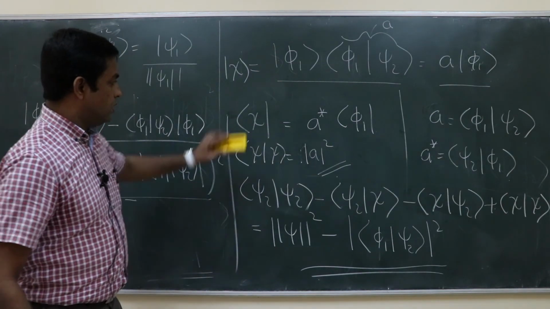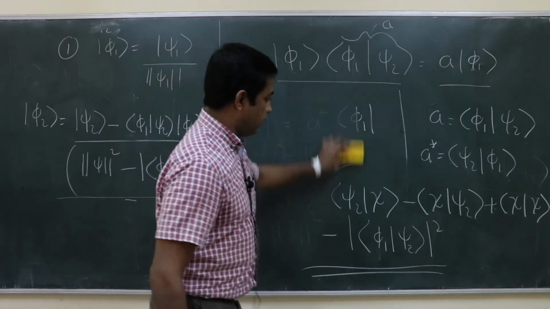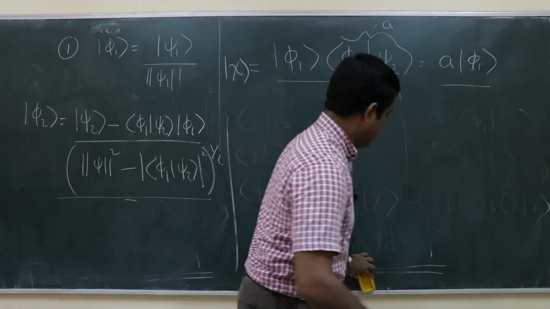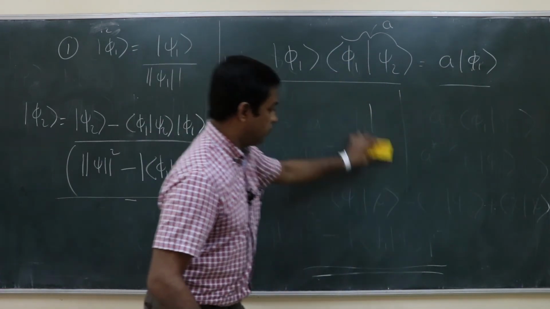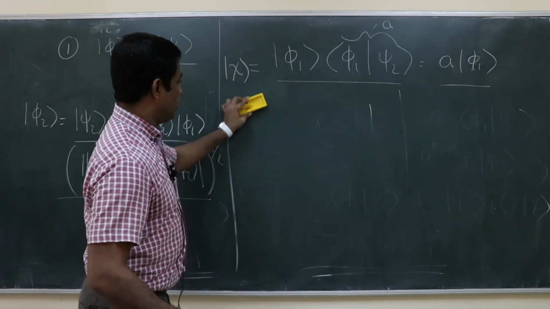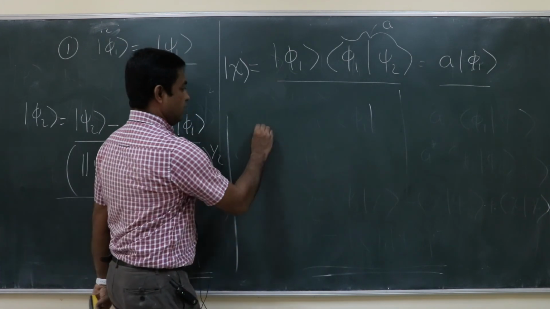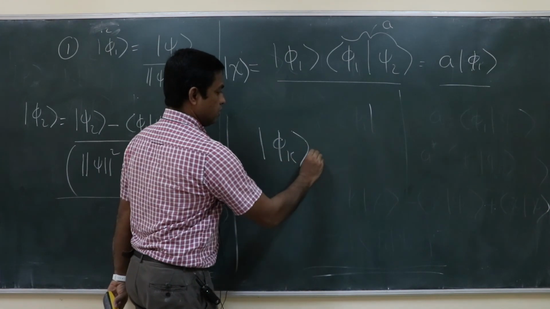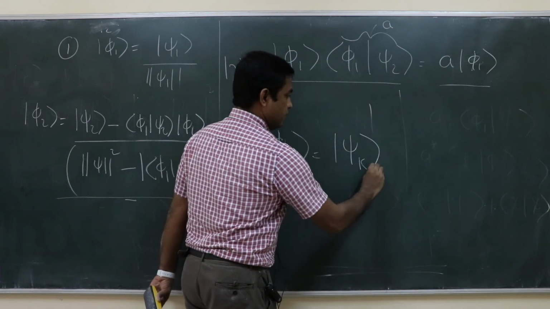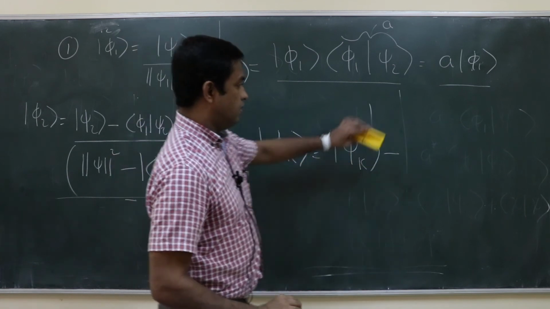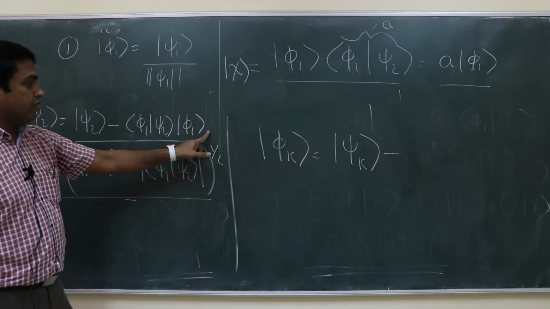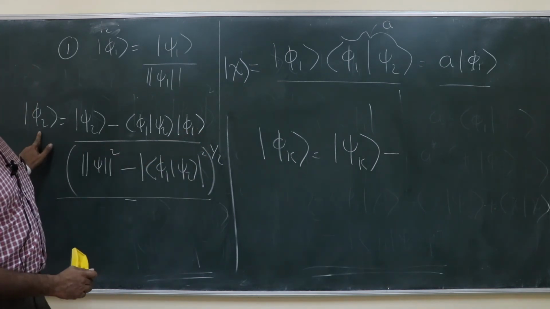Okay. Now I will write down the general, the kth vector. You can go and derive that. So the kth vector, you can now guess what phi k should be equal to. The vector psi k minus... for the third one, if I want to find it, I should subtract the component along phi 2 also, right?